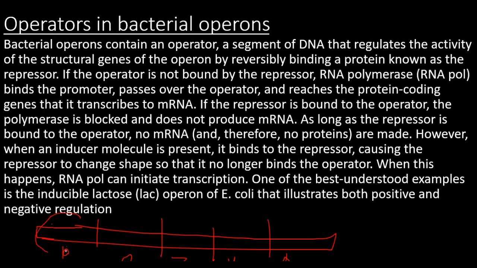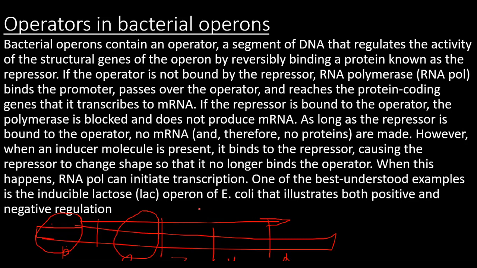RNA polymerase usually binds to the promoter region with the help of the sigma factor. Then if the operator site is clear, unbound by the repressor, it will proceed and carry out transcription. But if the repressor is bound here, it cannot, so there will be no transcription and no protein formation.